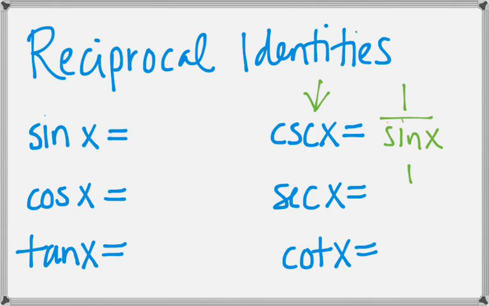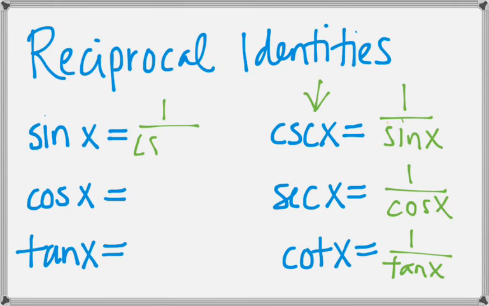For secant, we have 1 over cosine of x. For cotangent, we have 1 over tangent of x. Sine, maybe less familiar, but still works. Sine is 1 over cosecant of x. Cosine is 1 over secant of x. And tangent. All right, so we've seen these before. No news flash here. Just remember what they're called, reciprocal identities.